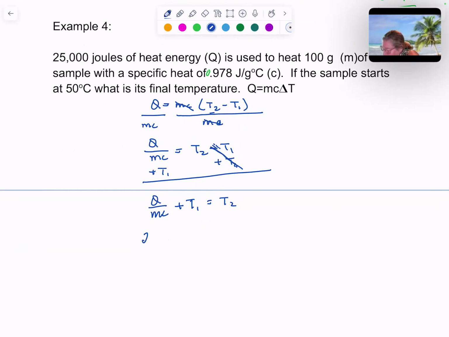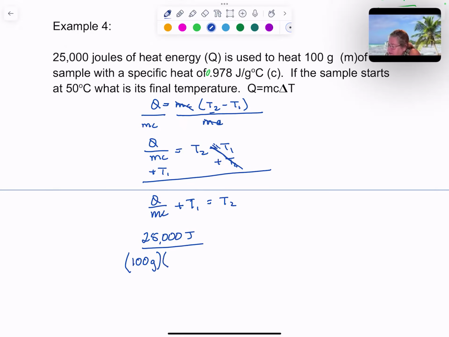We know our Q, 25,000 joules. We know our mass, 100 grams. And we know our specific heat, 0.978 joules per gram degree Celsius.